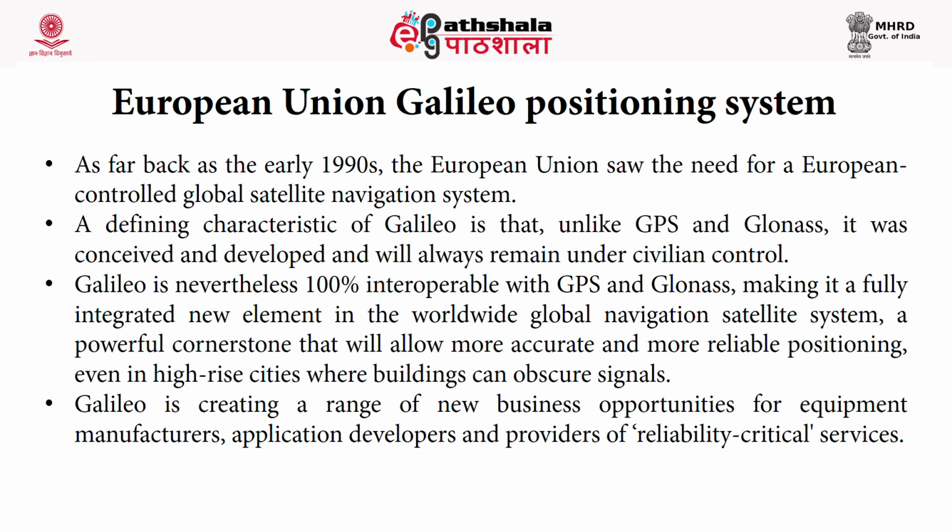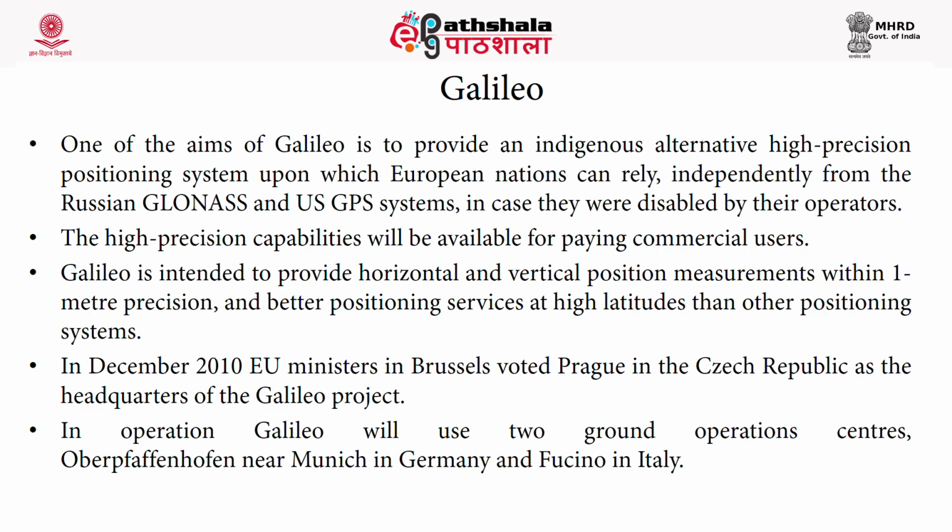One of the aims of Galileo is to provide an indigenous alternative high precision positioning system on which these European nations can rely independently from Russian GLONASS and US GPS systems. This high precision capability will be available for paying commercial users, and it is also intended to provide horizontal and vertical positioning measurements within 1 meter precision and better positioning at higher latitudes.